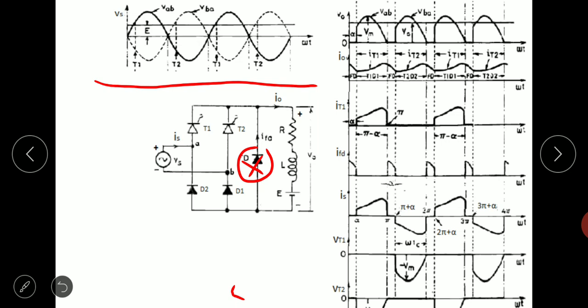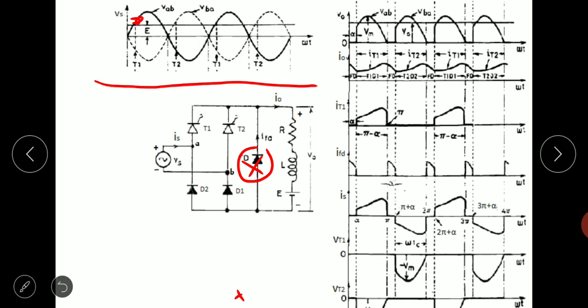Theta 1 is that angle beyond which the magnitude of the AC voltage becomes greater than the magnitude of capital E. This is at the intersection point of Vm sin omega t and capital E. So beyond this angle, we can choose our firing angle alpha, as the thyristor is forward biased.